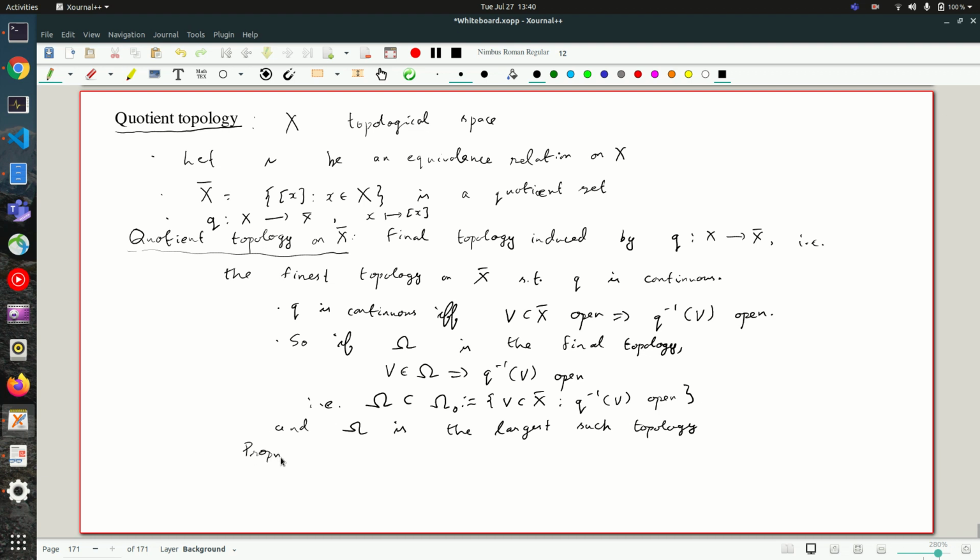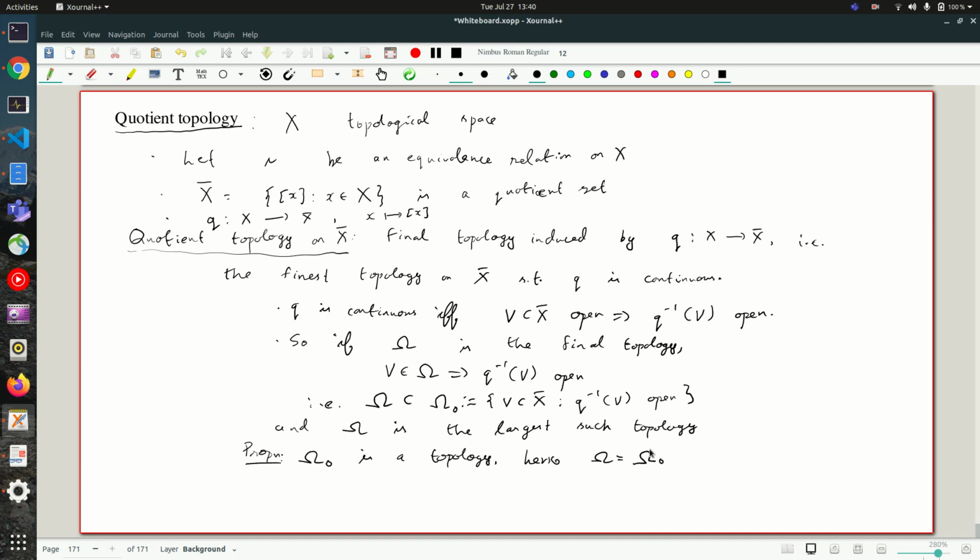Proposition: omega naught is a topology. Hence, omega is the largest topology that is contained in omega naught, which is of course omega naught itself. Okay.